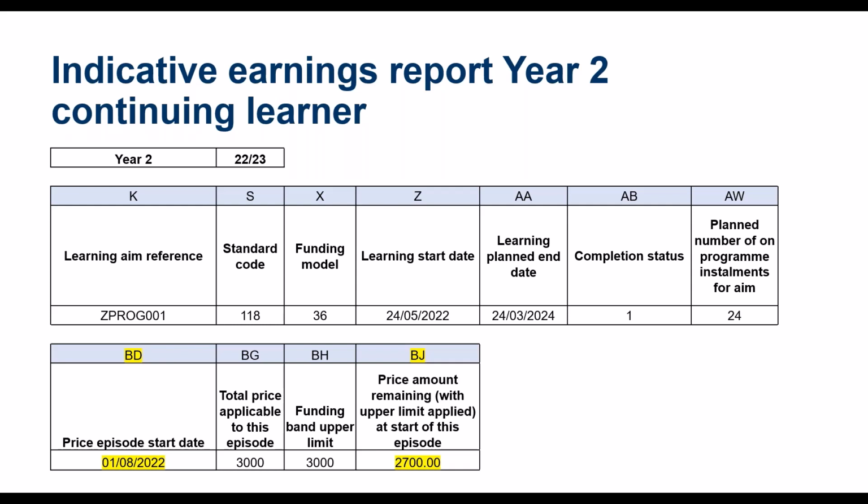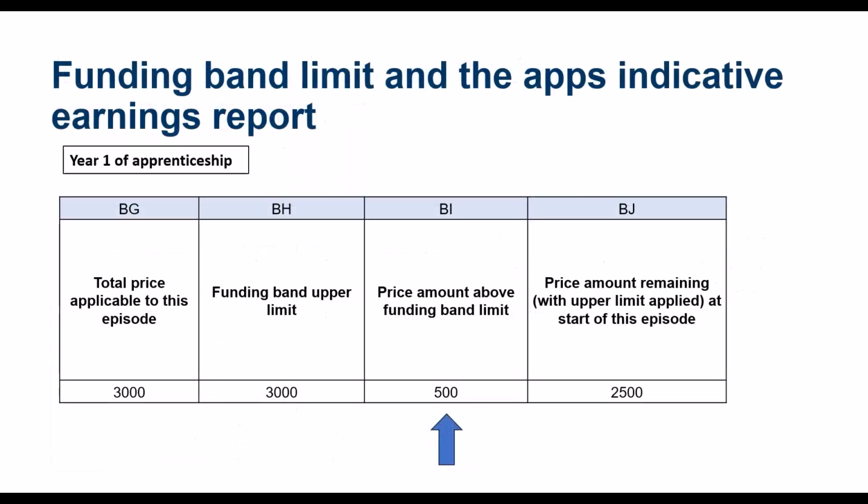So basically what this is showing you is that that £300 that you earned last year is no longer available to you because of how you submitted your ILR in the previous year, which is what we'd expect.